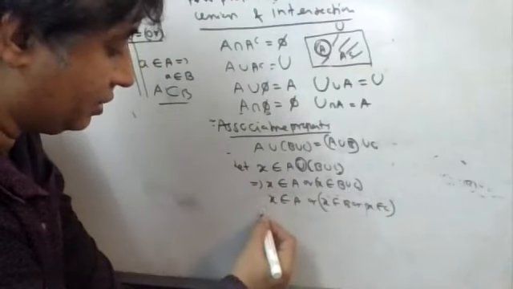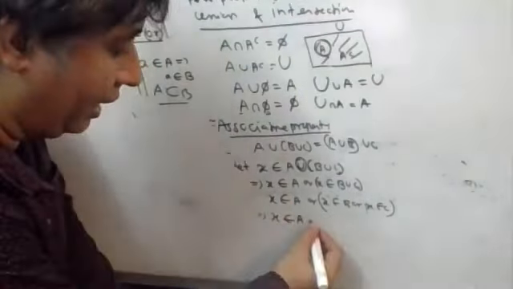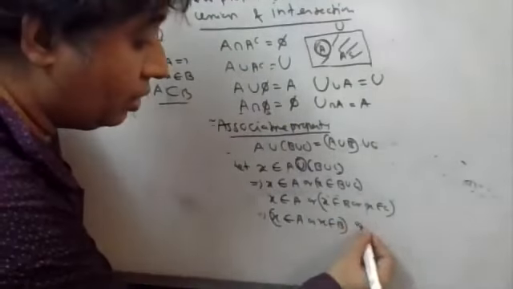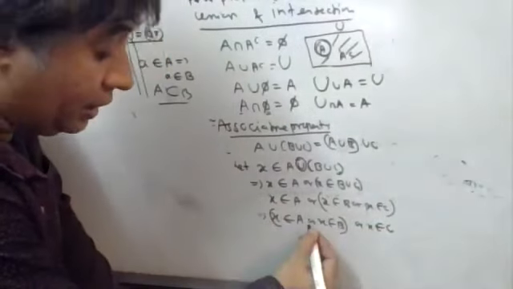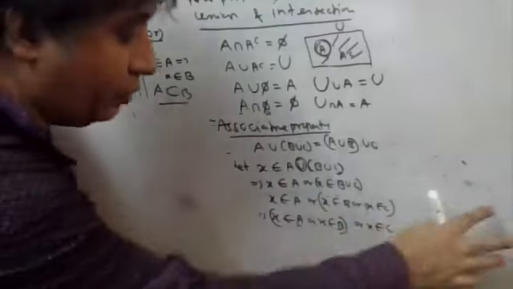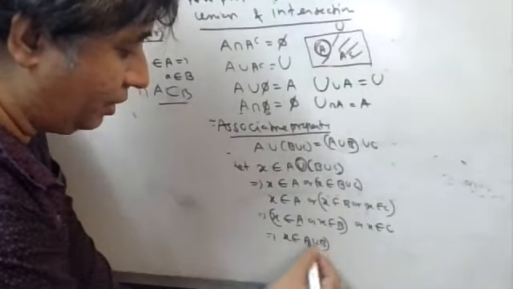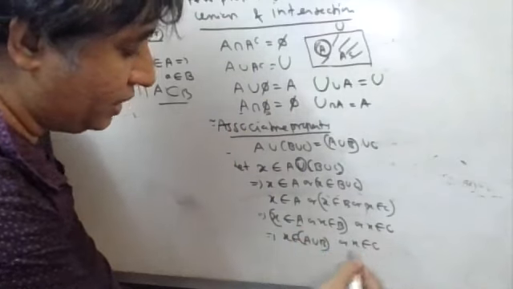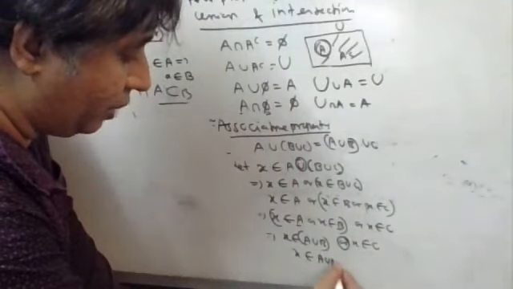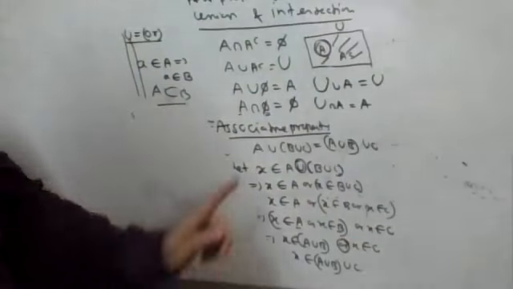See, X belongs to A or X belongs to B will be confined in a bracket, or X belongs to C. Now these A and B are connected with or, meaning X belongs to A union B or X belongs to C. Again, instead of this or, you write X belongs to A union B union C. So what does it mean?